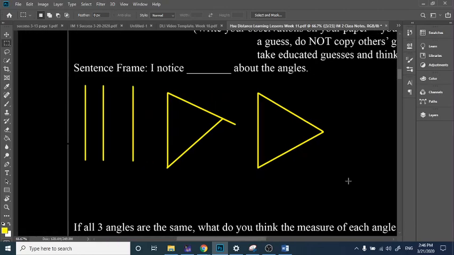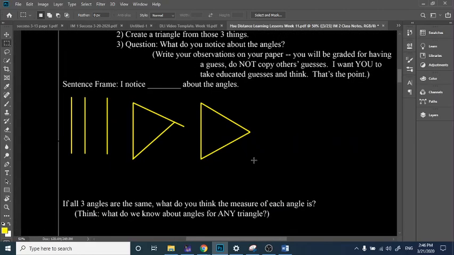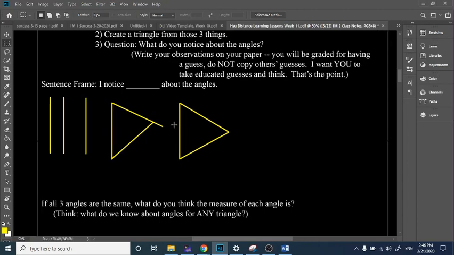And I want you to take an educated guess as to what you notice about the angles. I'm going to assume that you're pausing the video and go on in 3, 2, 1, 0. Again, I'm going to grade you just on having a guess. Please don't copy from other people's guesses.